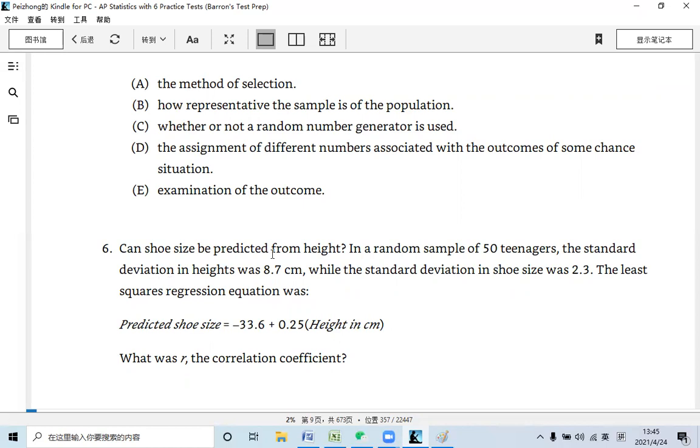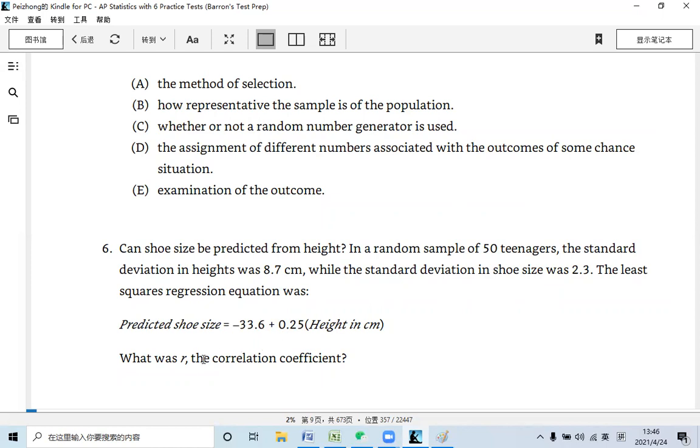You have a random sample, so n would be equal to 50. You have the standard deviation of height and the standard deviation of shoe size coming from the 50 people. And you have this regression formula.